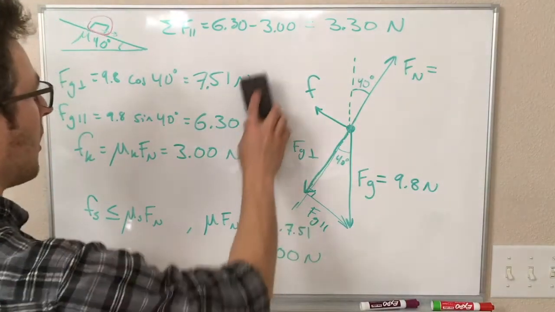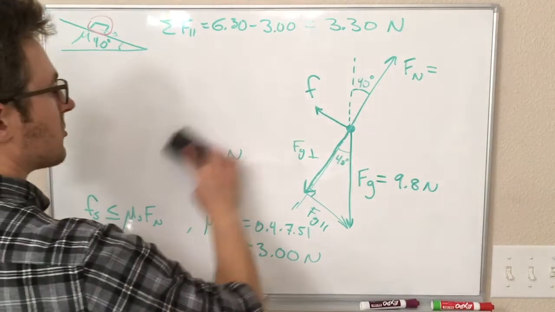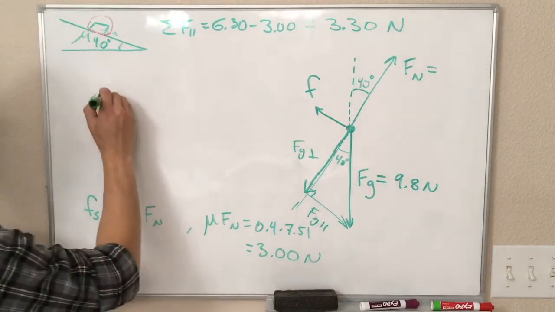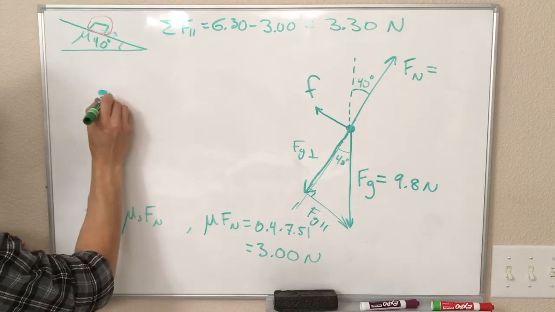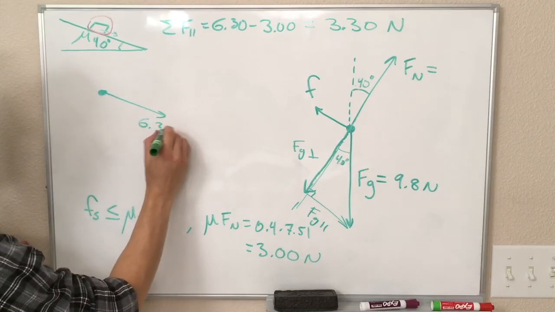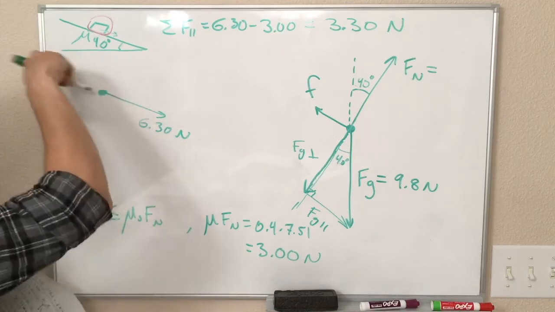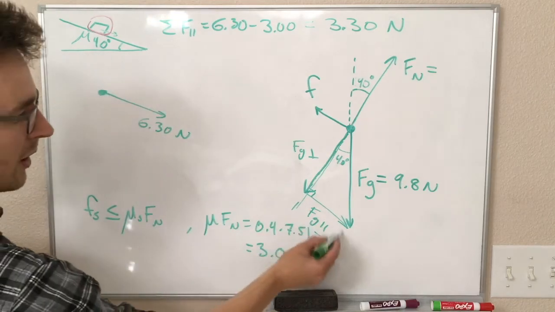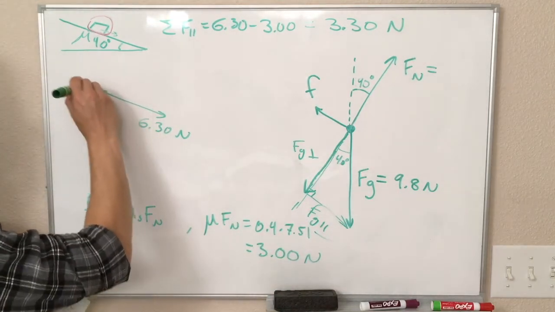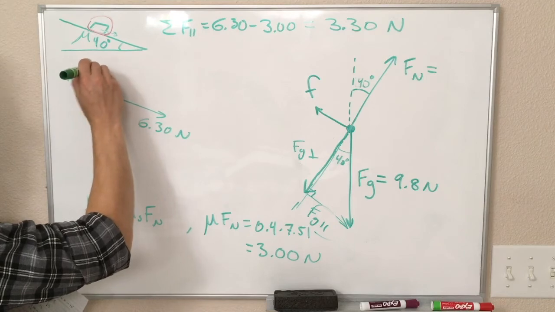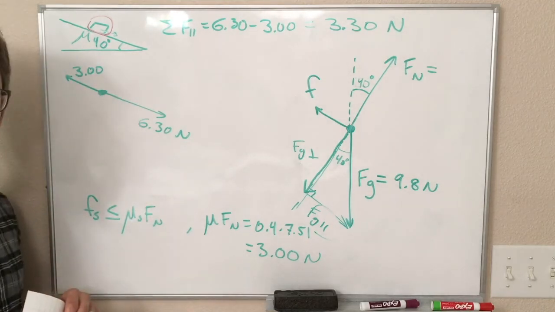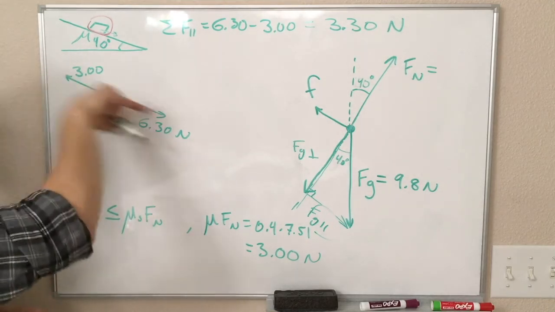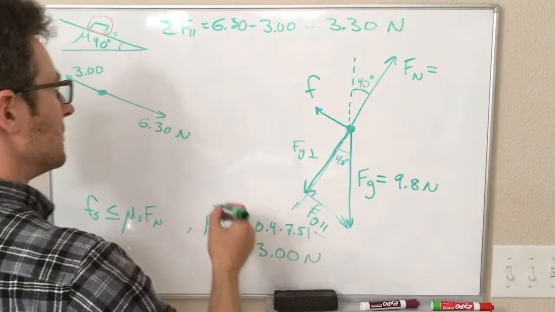I can erase these now. If we were to draw a little free body diagram, we have 6.3 newtons down from gravity, the component of gravity pulling it down the ramp, and we have 3 newtons of kinetic friction up the ramp. So that's giving us a net force down the ramp of 3.30 newtons.